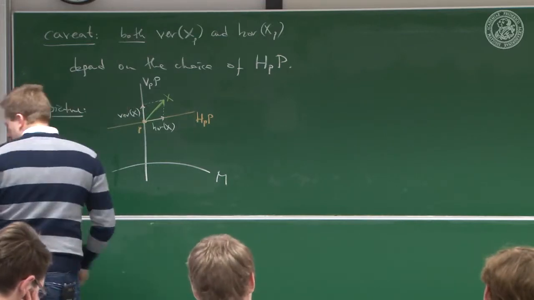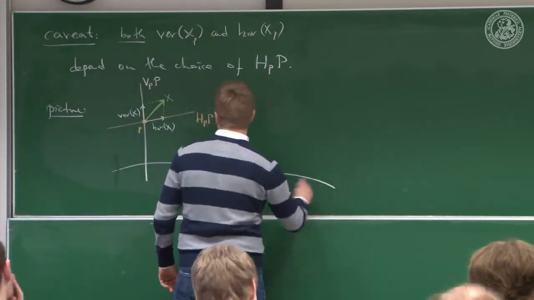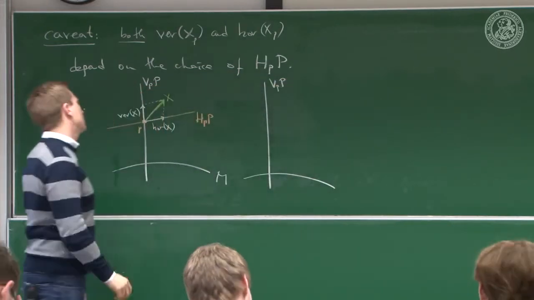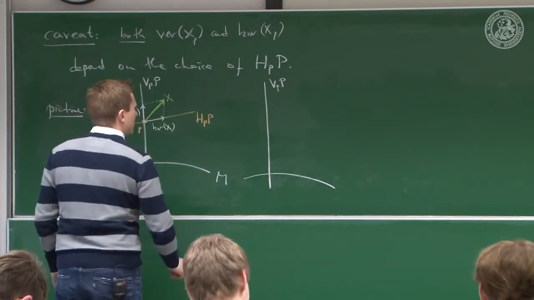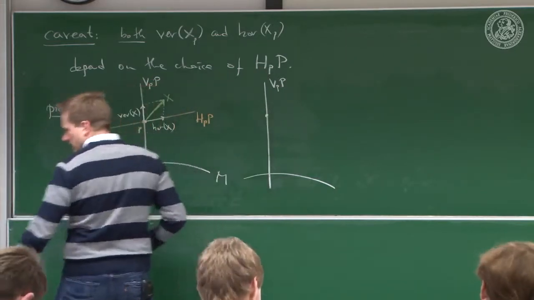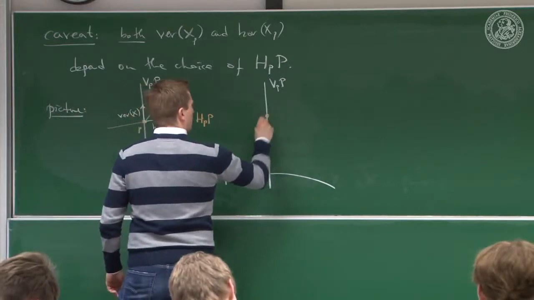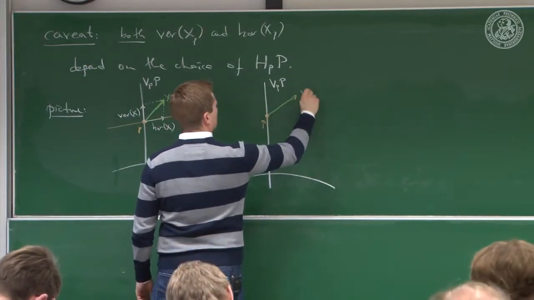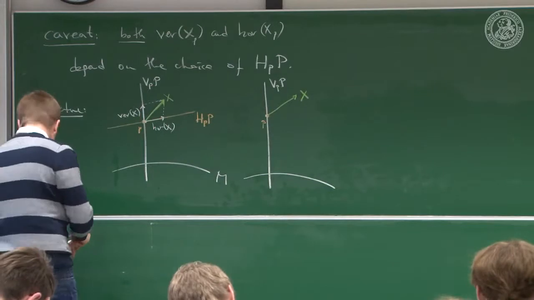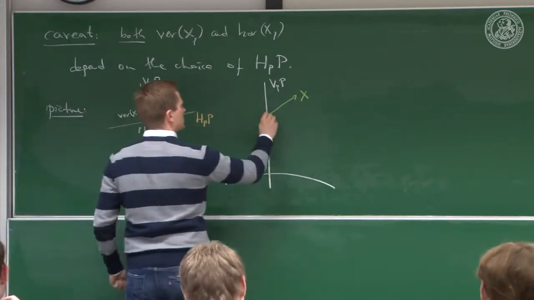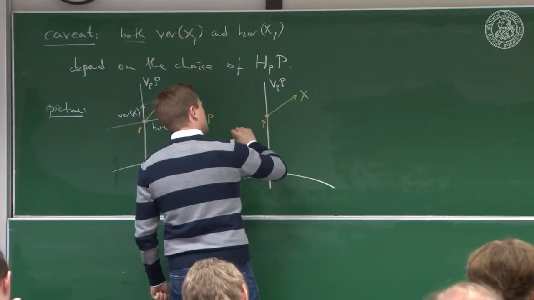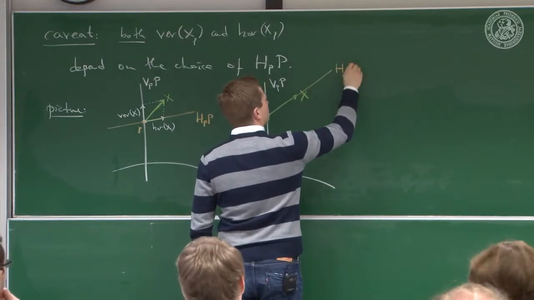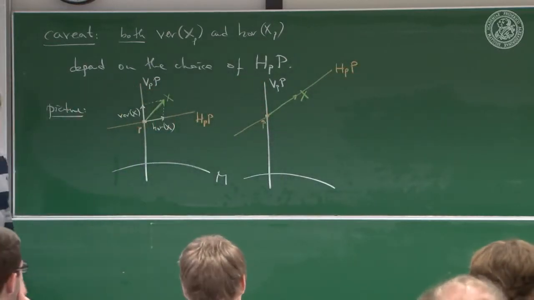And now take exactly the same vector, but I just copy the picture in order to not make this unreadable. I now really take the same point P and the same vector x. Well, it's the same vector. But now instead of choosing the horizontal subspace like this, I choose, as an extreme case for this example, to choose it like this.